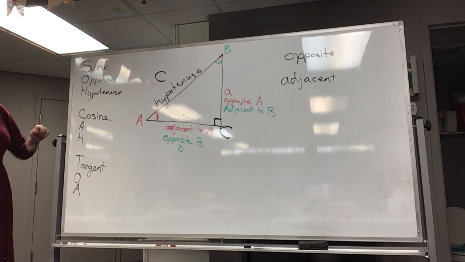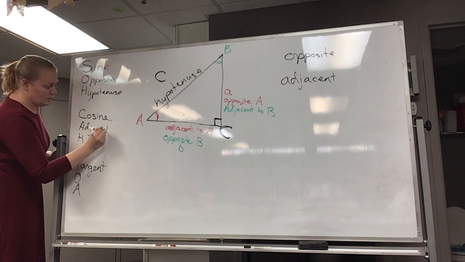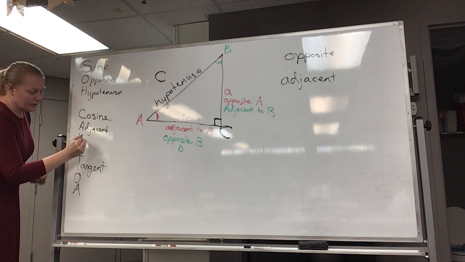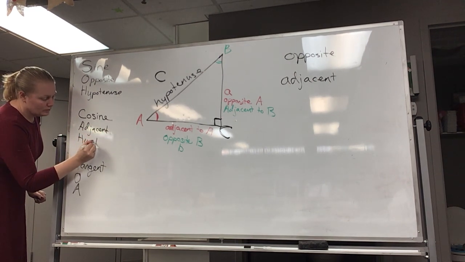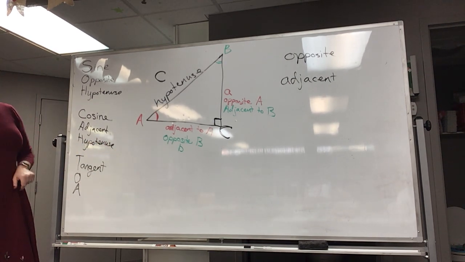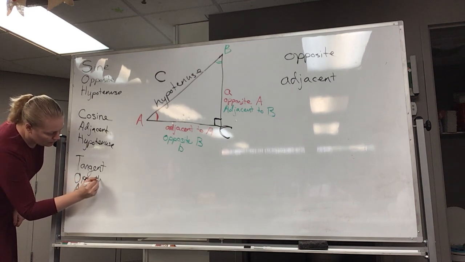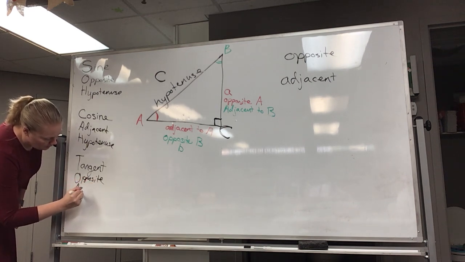Cosine, we have A for adjacent, and again, H for hypotenuse. And then O and A again, we have the opposite and the adjacent for tangent.